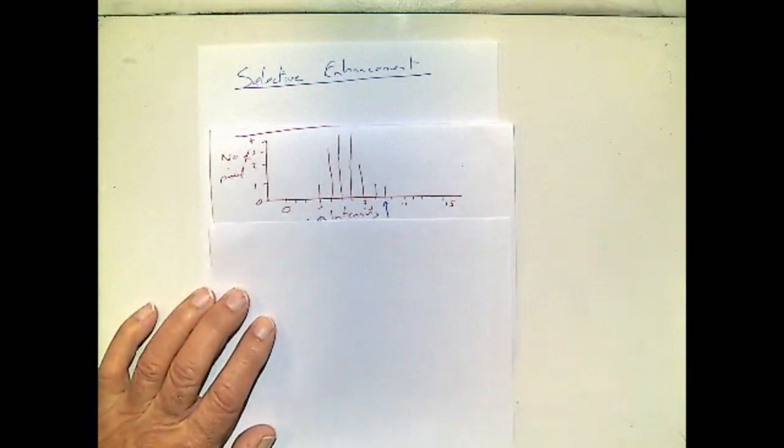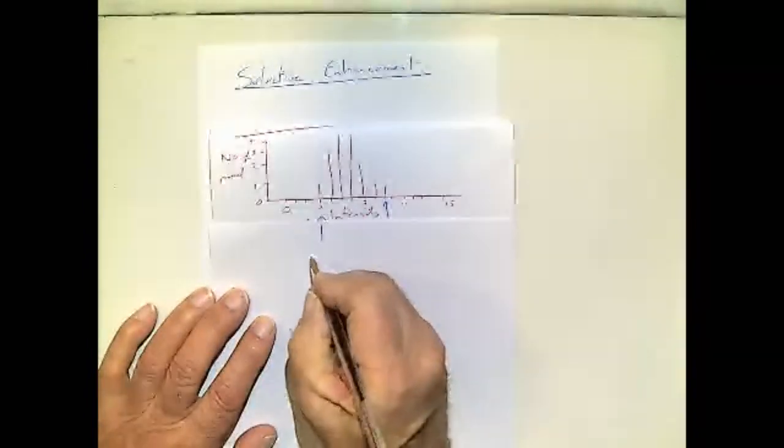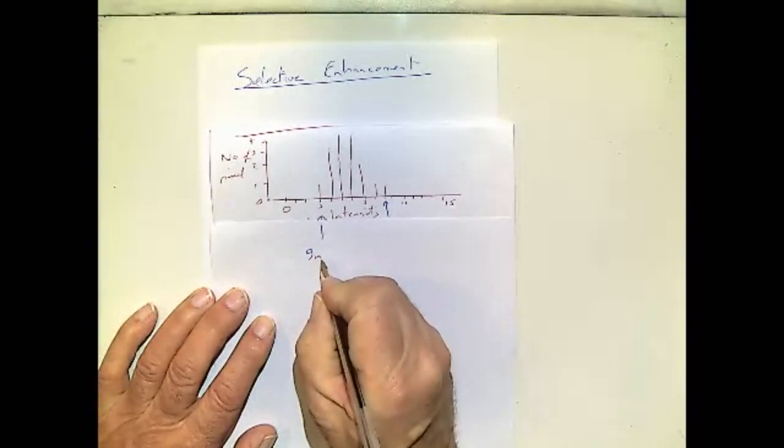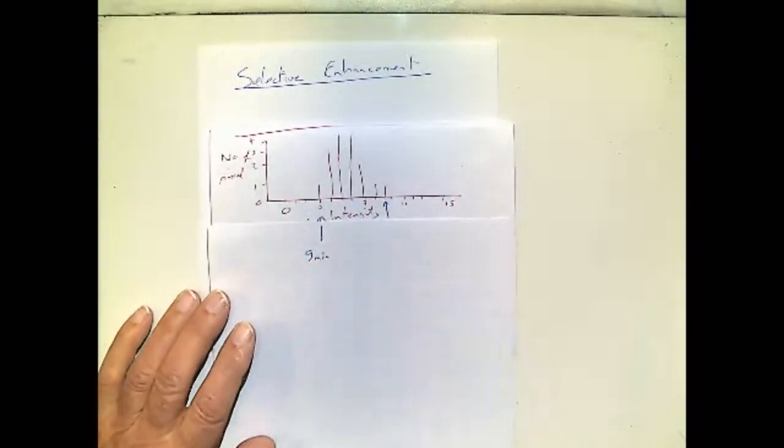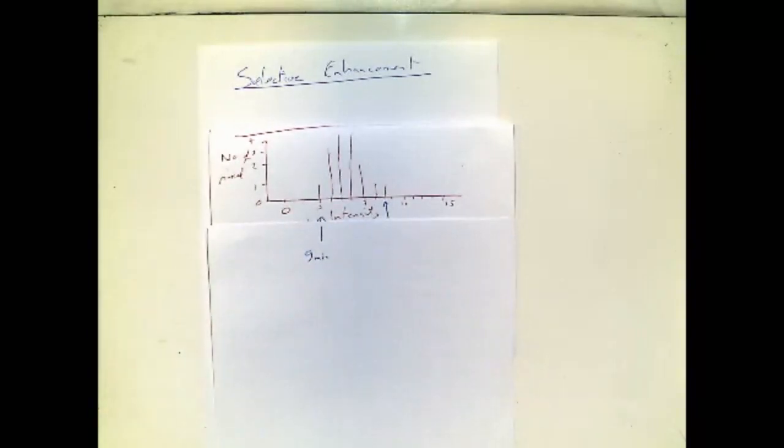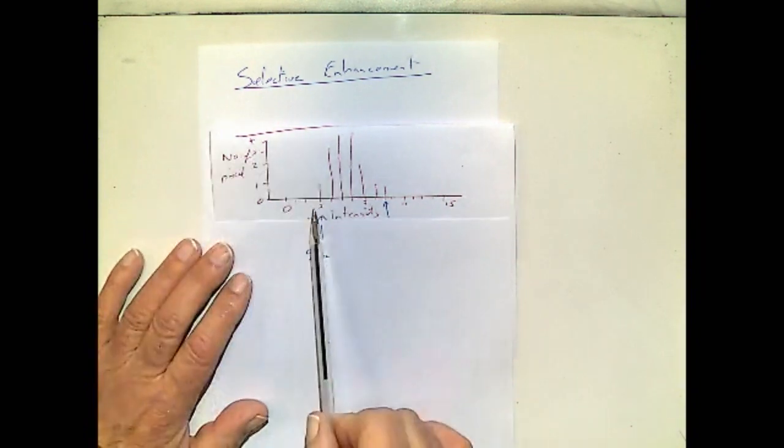G min would be the same. There's 16 pixels, so to enhance the darkest 50%, let's see how far we get up the intensity scale with 8 pixels.